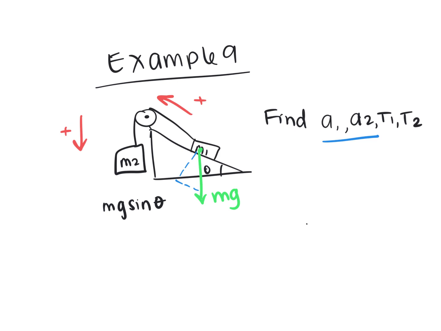So the sum of the forces will include the tension, which is coming from the rope in the positive direction, so the tension will be positive, subtracted by the force going in the opposite direction, which is represented by mg sine theta, equals ma.